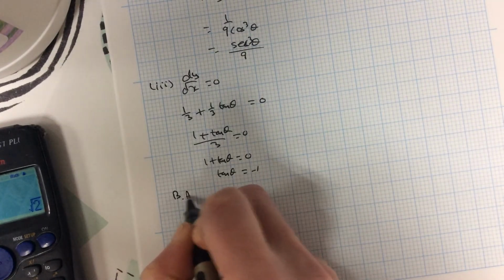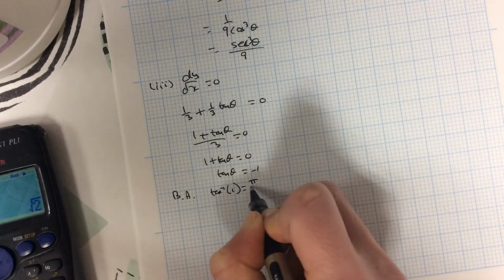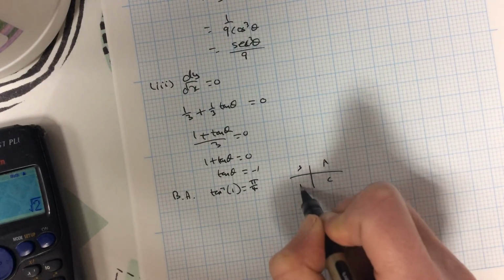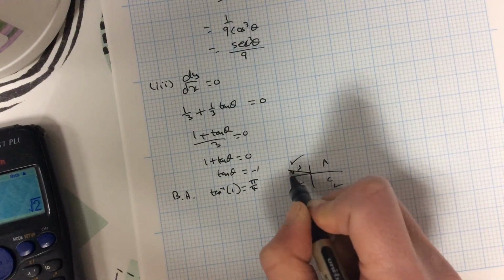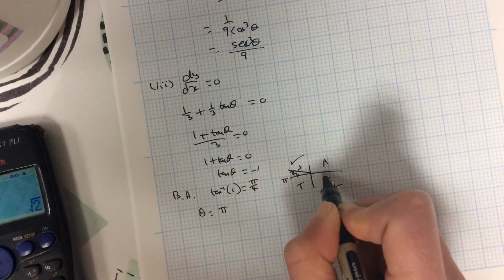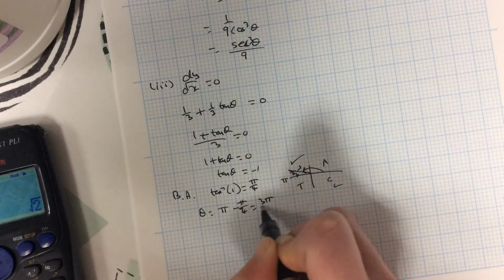So you need your basic angle. So it's inverse tan of 1, which is your 45 degrees, or pi over 4. You have got a negative tan, so you're in here or in here, so we'll go for this one. So that's pi over 4, and that's pi. So your answer is pi minus pi over 4, which is 3 over 4 pi.